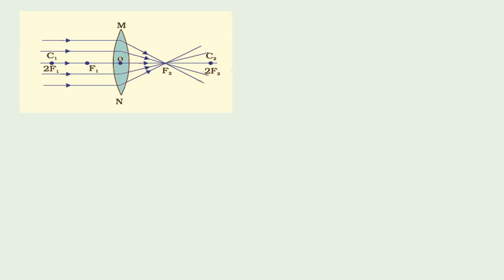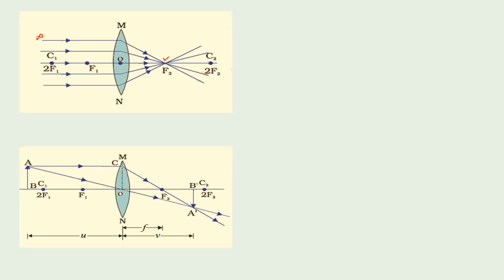So with the help of ray diagram, we will see when the object is at infinity, the rays will be parallel and they will be converged by the lens, they will meet at point f. So the image will be formed at the focus when the object is at infinity.